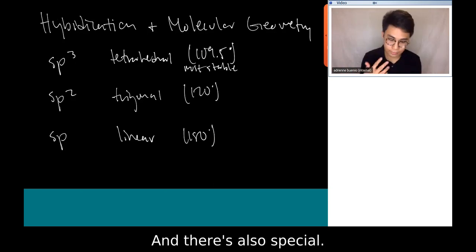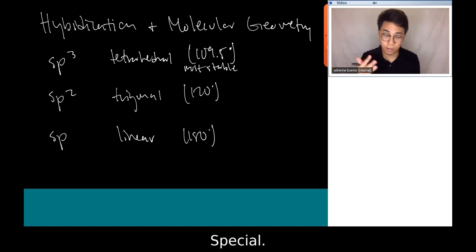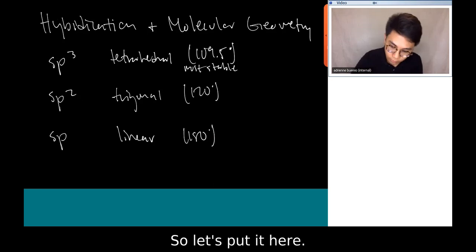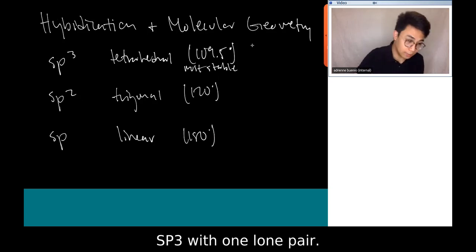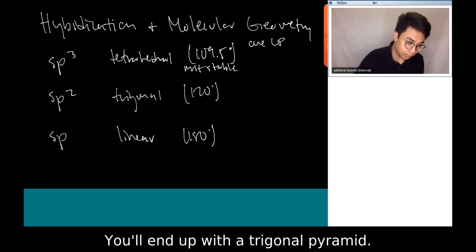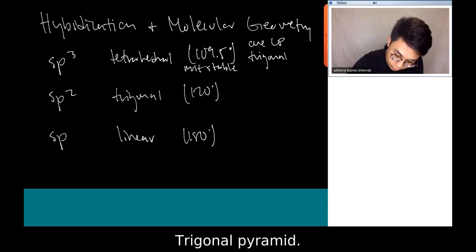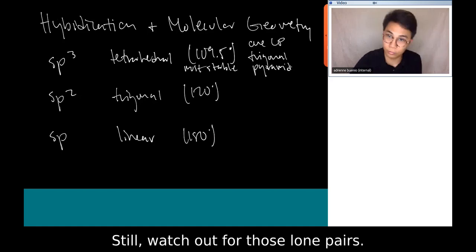And there are also special ones when you have lone pairs. So let's put here sp3 with one lone pair. You'll end up with a trigonal pyramid. So watch out for those lone pairs, right?